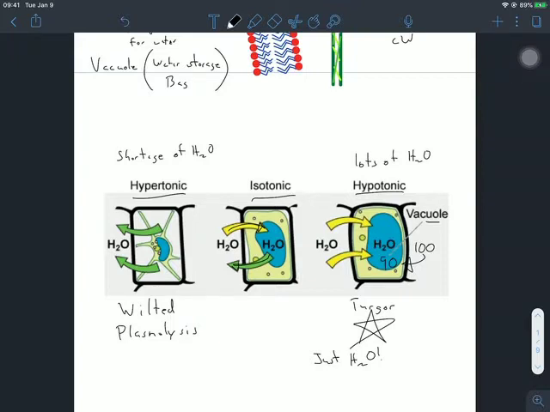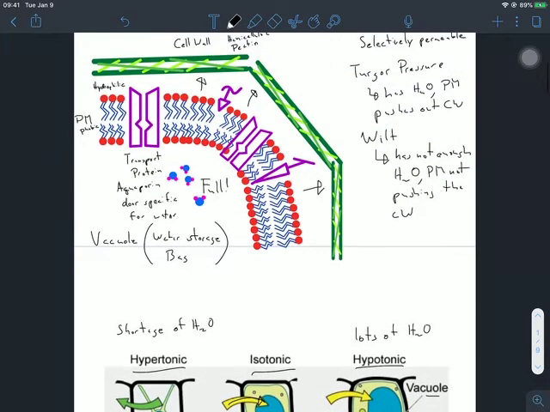Now, I will say that in a hypotonic solution with turgor pressure, the plant cell isn't going to explode. If you were to do this to an animal cell, you'd actually explode animal cells. They don't have an outer barrier. The cell wall itself provides a physical restraint against the plant cell getting too large from too much water.